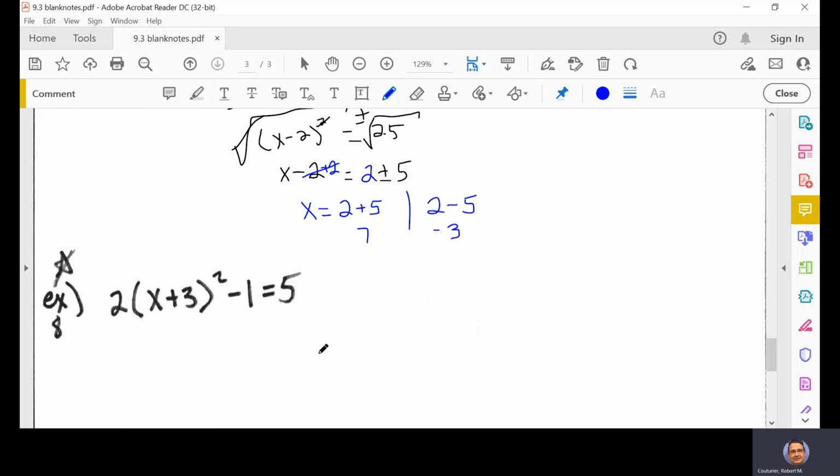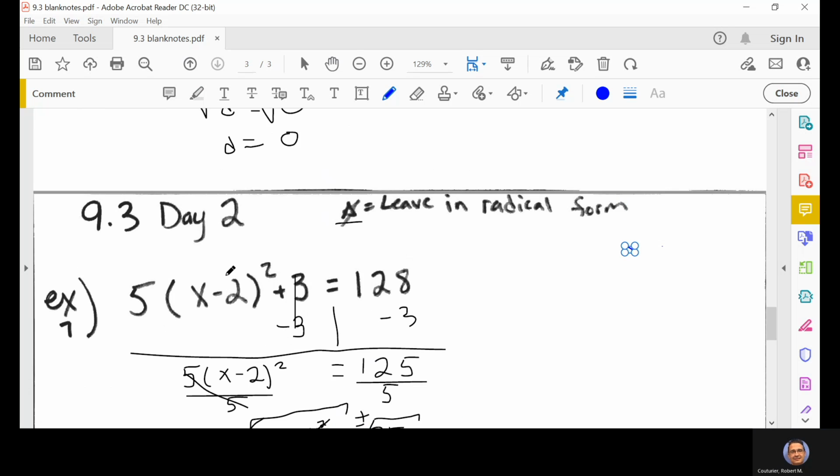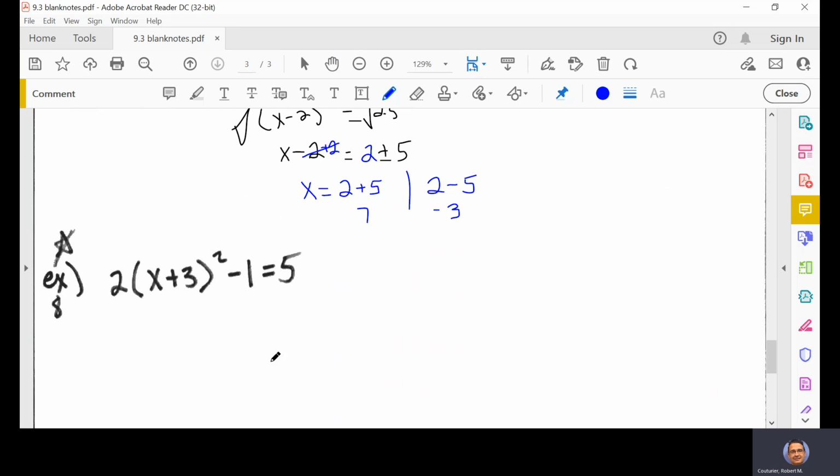Here's the star, and on our star, it's asking us, we're going to remember, for the answer in radical form. So let's see what this one looks like. Start the same way we just did. I'm going to add 1. We have 6.